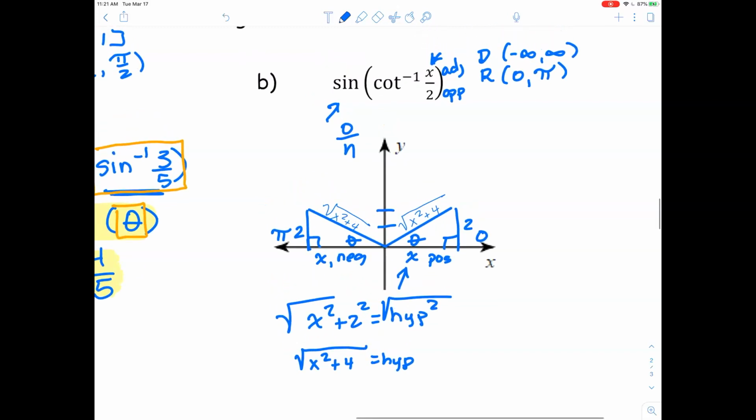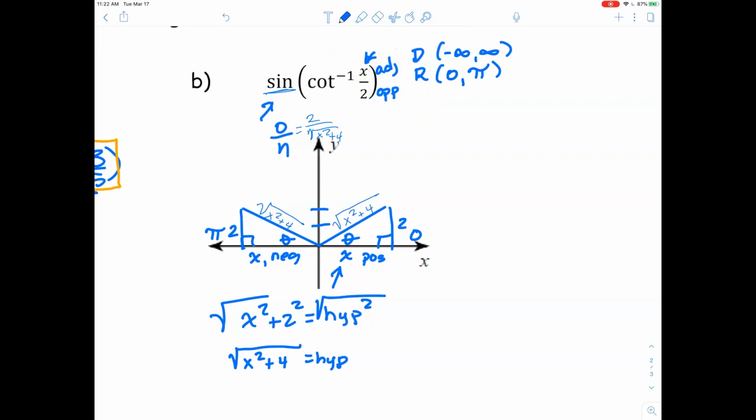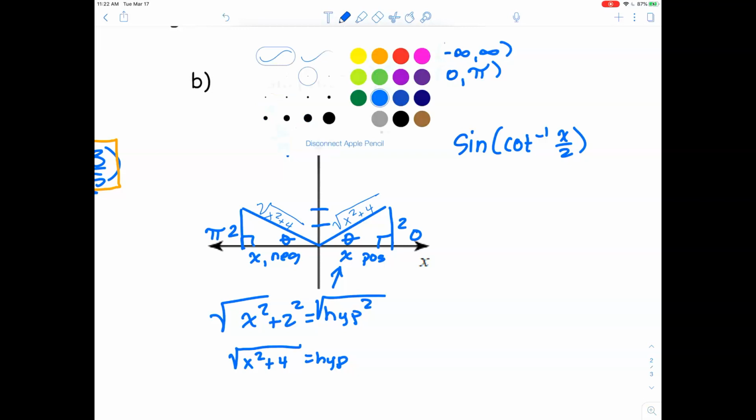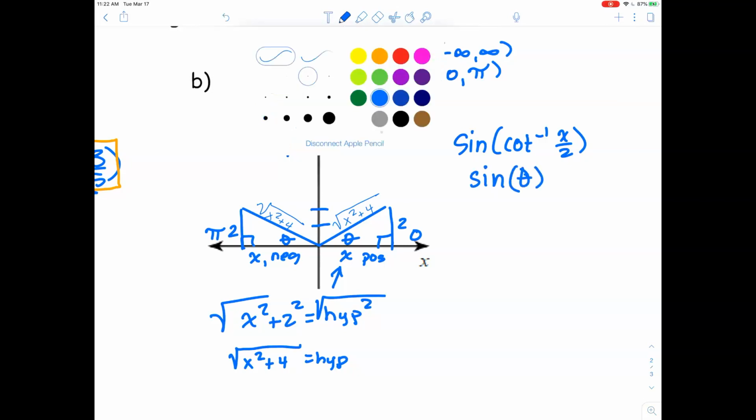And so here's what I know about that. Because I have to find the sine of that, that would be the opposite value, which is 2 over the square root of x squared plus 4. So now let's evaluate that. I'm going to go back to my fatter pen here. So we have sine of cotangent inverse of x over 2. And again, we couldn't find out what that angle value is, so we just named it angle theta. So that's the sine of theta.